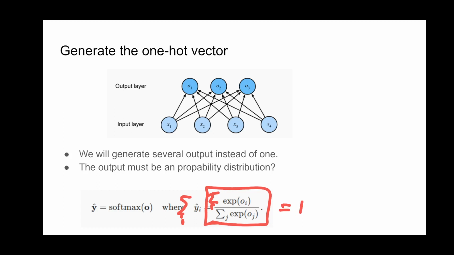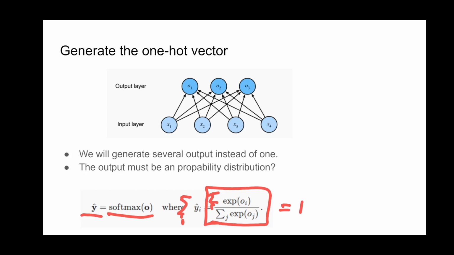So it will be a probability distribution. So the main reason we're using the softmax to convert the output into a prediction is that it will guarantee that the Y will be some kind of probability distribution here. So it will be easier for us to interpret the result.